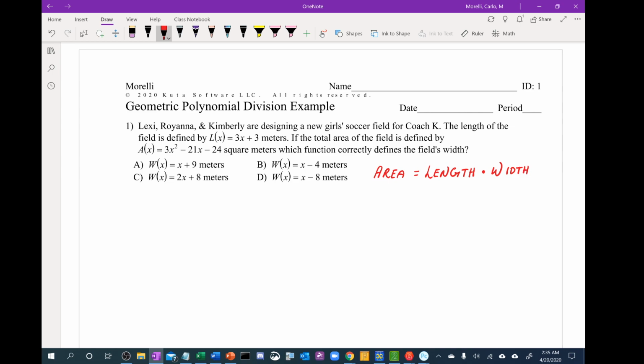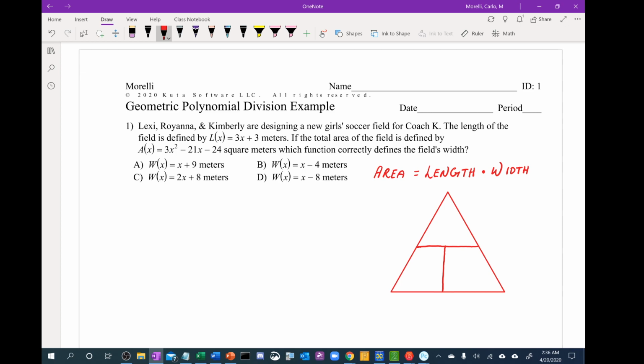Area equals length times width. Some of you may remember this. There is a diagram that helps you with this formula. So area equals length times width.